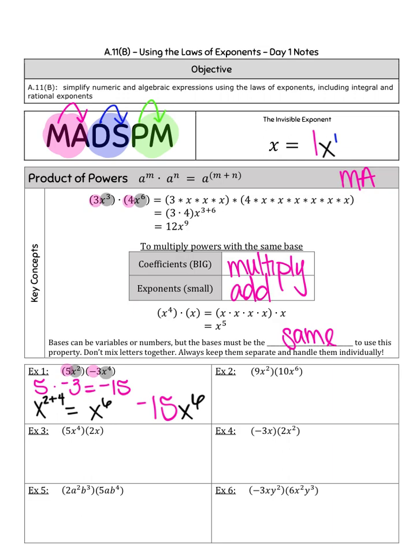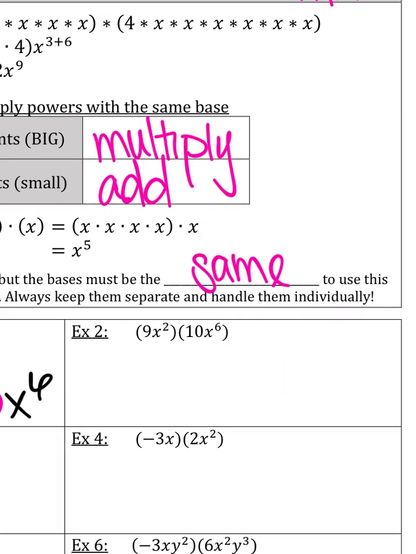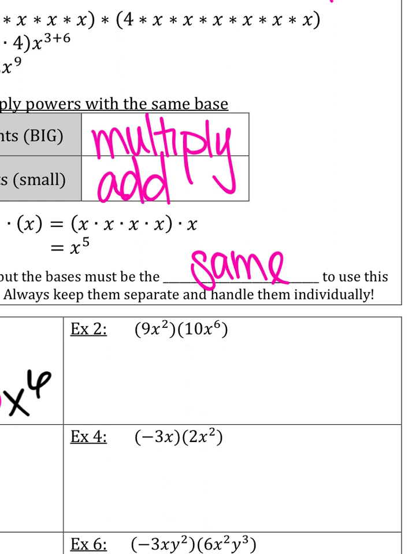Let's try example number 2. I'm going to highlight my coefficients first. So I have 9 times 10 because there are parentheses next to these two things. So 9 times 10 is 90. And then I have x to the second power times x to the sixth power.